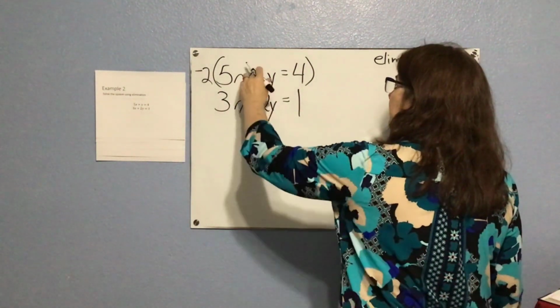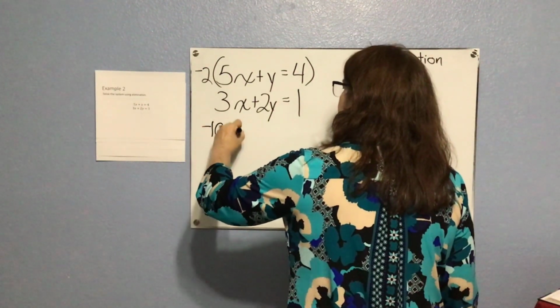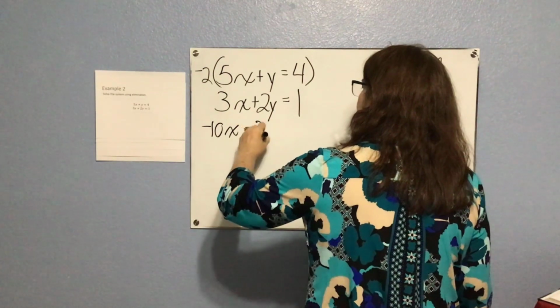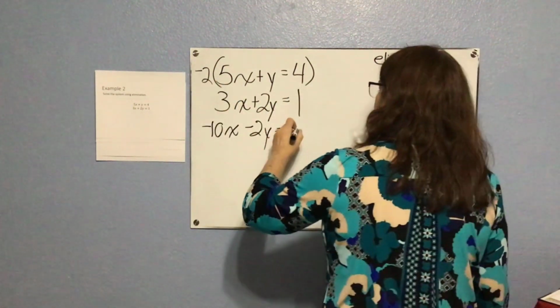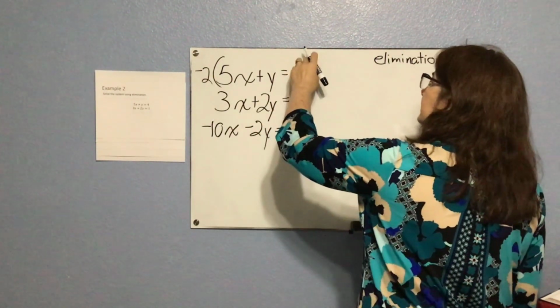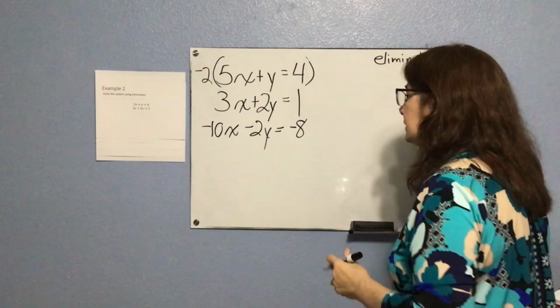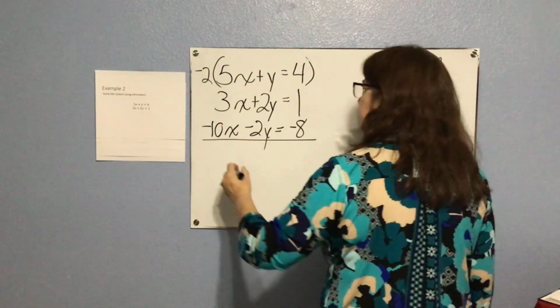and I'll just write the result down here. Negative 10x, negative 2y, and negative 2 times 4, negative 8. Don't forget to do this side. That's a common mistake. Now I'm going to add the two equations together.